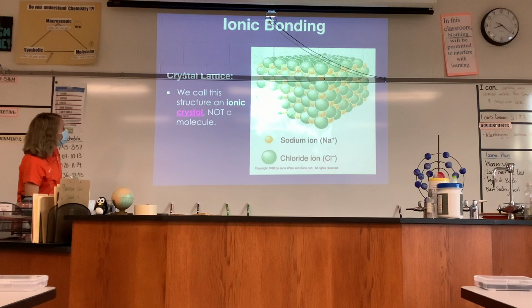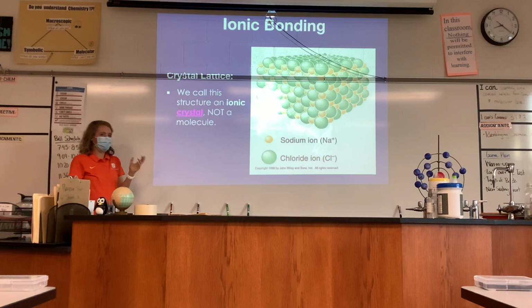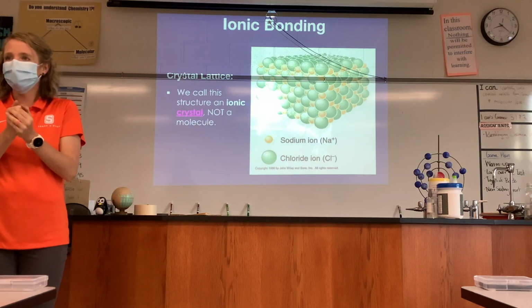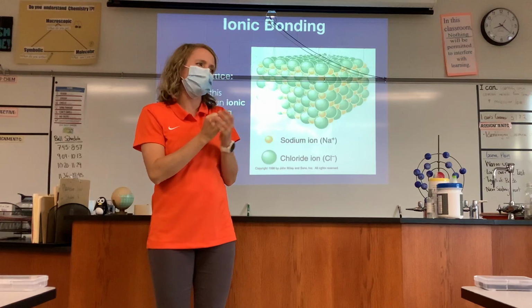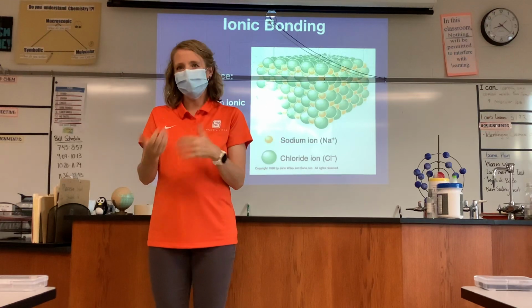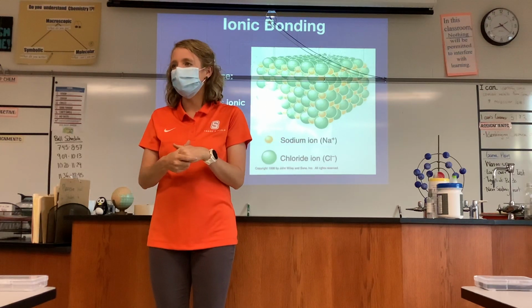So, sorry, let me go back here. All ionic substances are called crystals, which is actually why all ionic things have a crystal-like look. Now, obviously, crystal is a little dependent upon how smashed up it is, because even if you were to take salt and grind it really, really fine, it's probably going to look more like a powder than a crystal, because you crushed it so small.